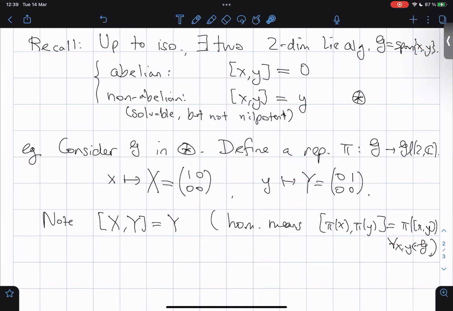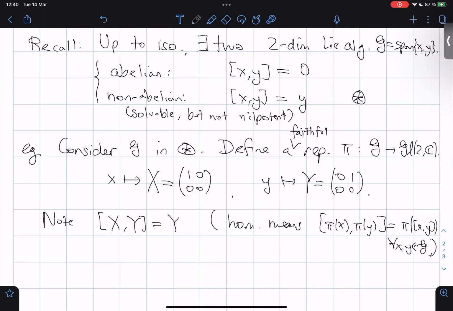So we can also say this is a faithful representation. It has no kernel. So this is a way of really representing this g as some matrices.